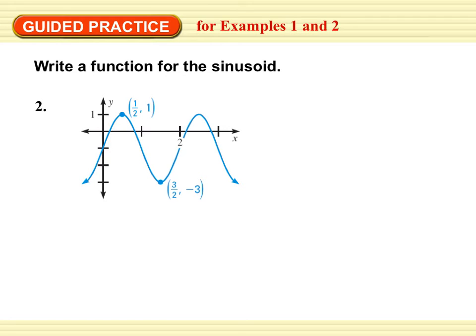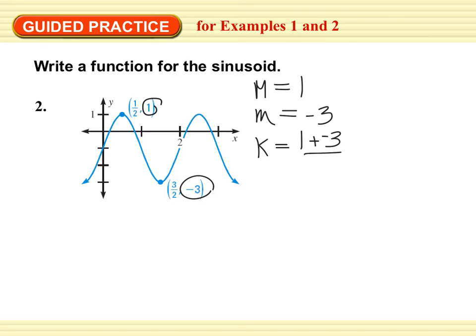Try again. Let's see. My maximum is 1. My minimum is negative 3. My vertical shift is then 1 plus negative 3 over 2. 1 plus negative 3 is negative 2 over 2 is negative 1. What else do I know?